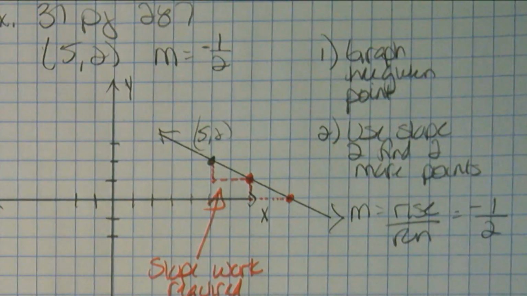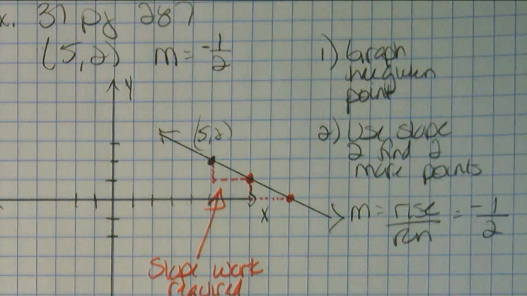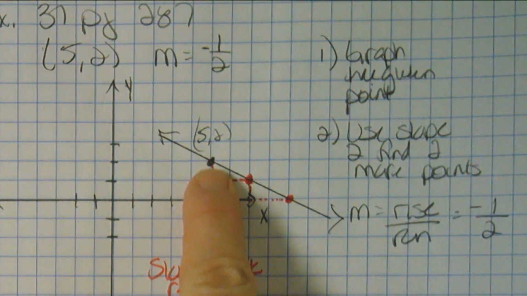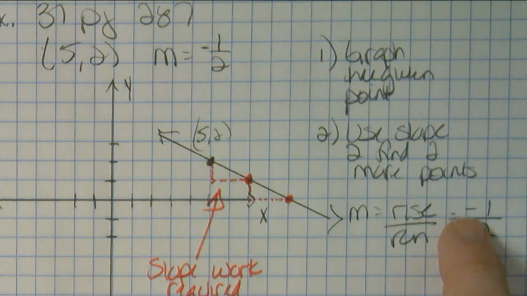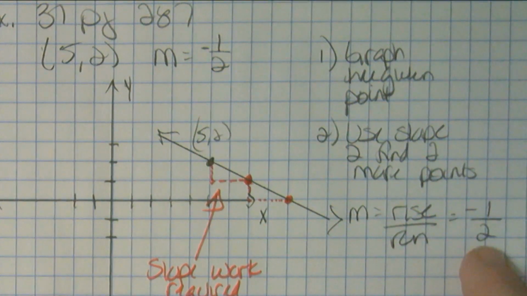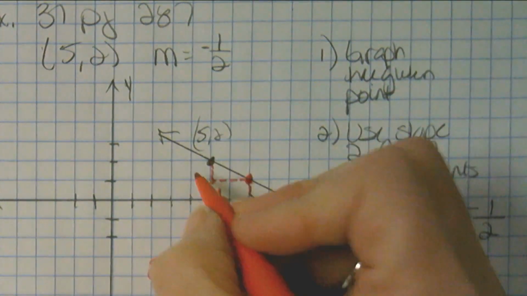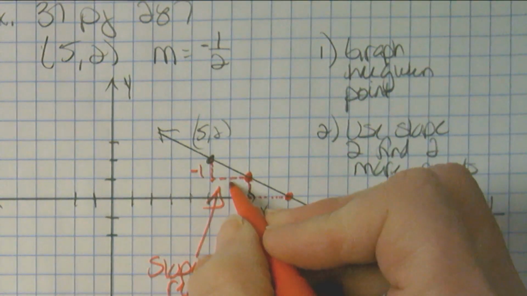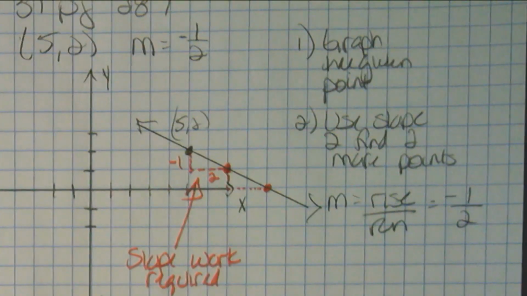That's it. Yes? Same way I found the first one. You start with your given point. My slope is rise over run, and for us it's -1 over 2. So -1 means I went down 1, to the right 2. That's my -1/2 slope.